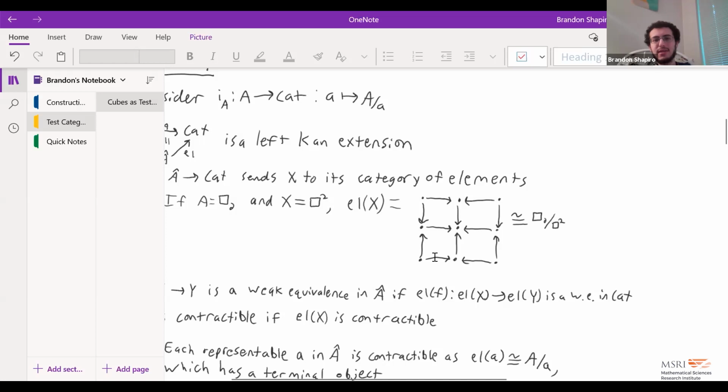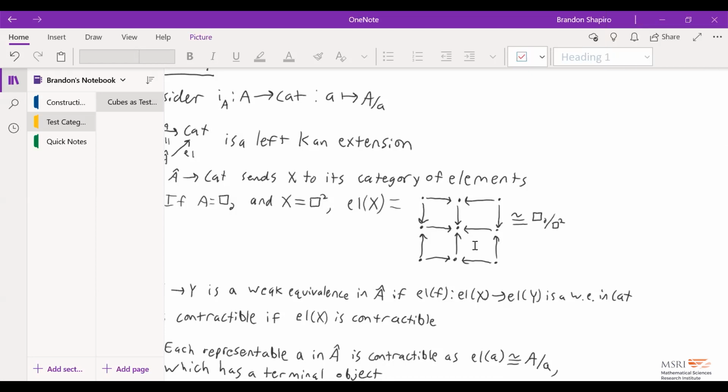You have composites along these diagonals from each corner to the center, and in the nerve, the simplicial set, which is where we get the realization from Cat to spaces. So we go from Cat to simplicial sets, geometric realization to spaces. This is actually going to be a cube, or a square, and in general it's going to be a cube, just generated by more maps. I think that's supposed to be the idea. It's not the most efficient way of getting that square in simplicial sets, for instance.